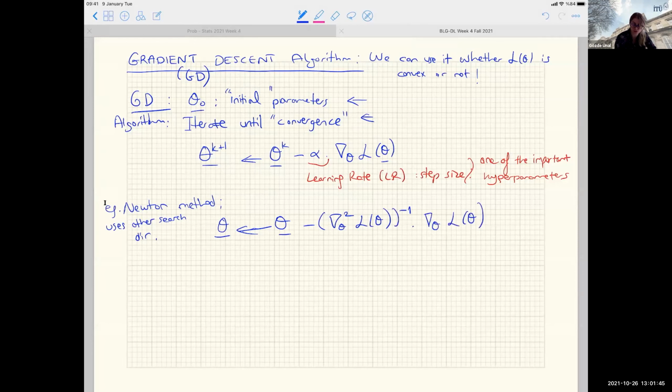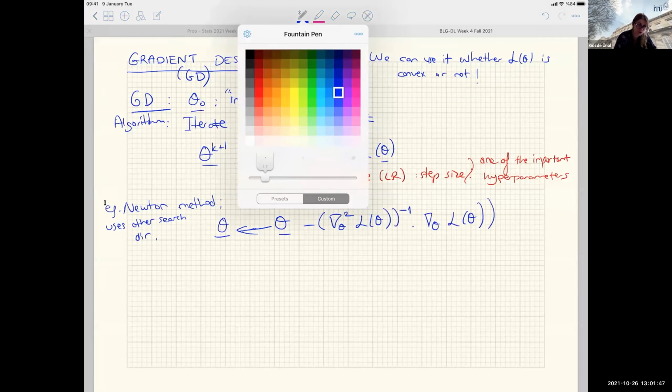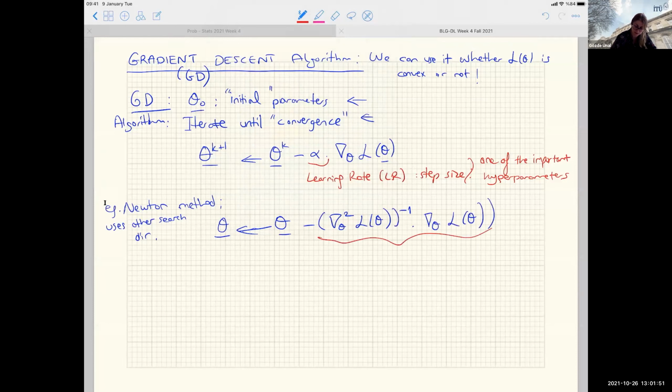This is the search direction, with the minus sign.